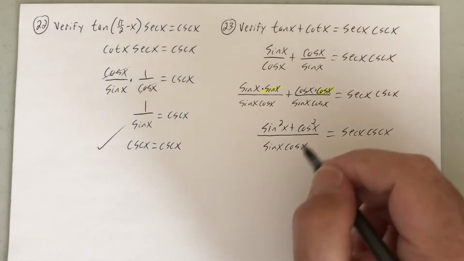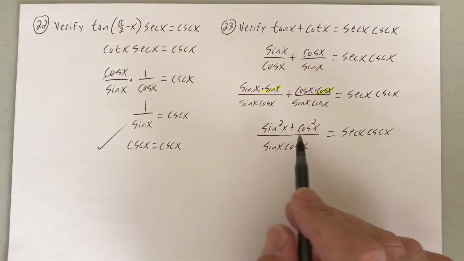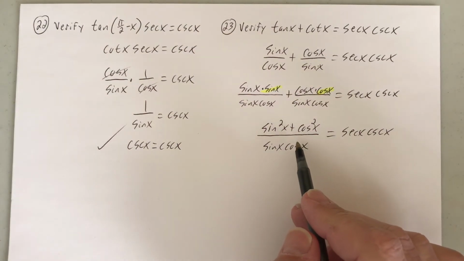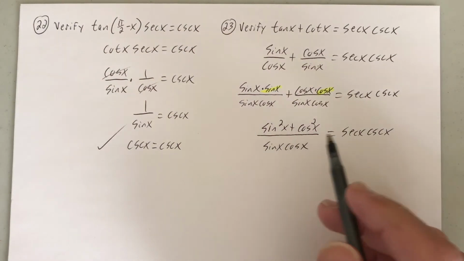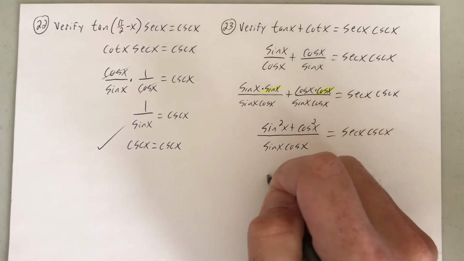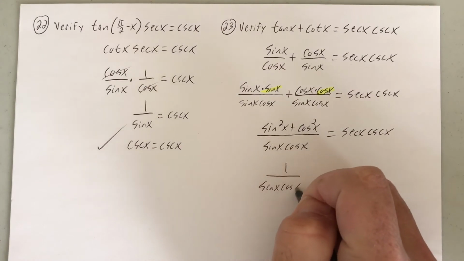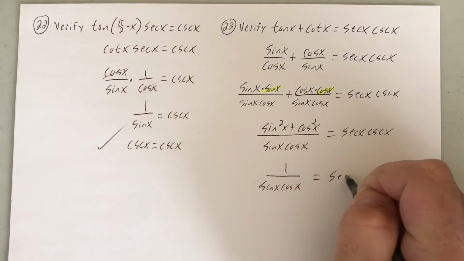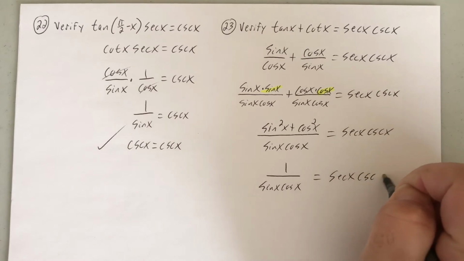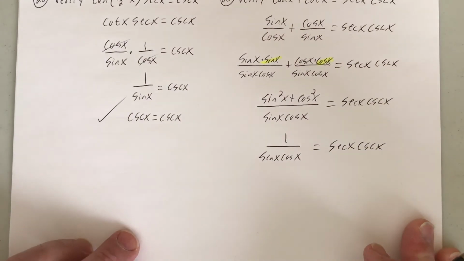All right, well, looking at this here, hopefully you see up in the top, sine x squared plus cosine x squared, Pythagorean identity, that is equal to 1. So then we can say that this is 1 over sine x cosine x is equal to secant x cosecant x. Hopefully you see where this is going.